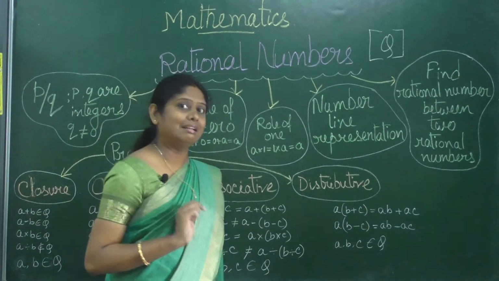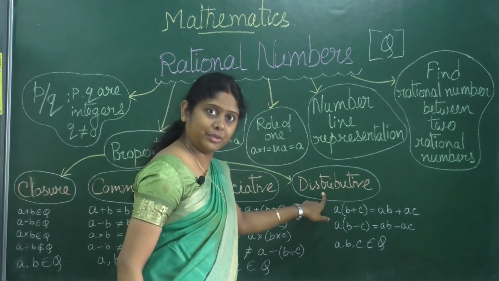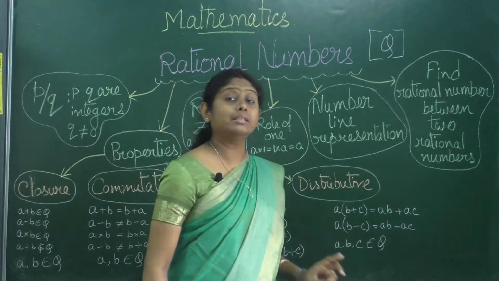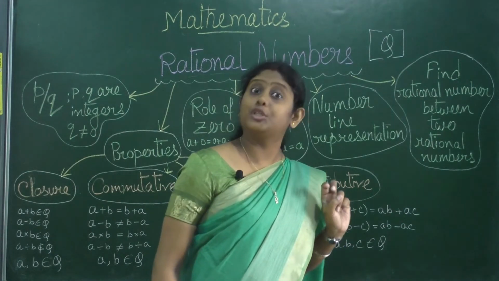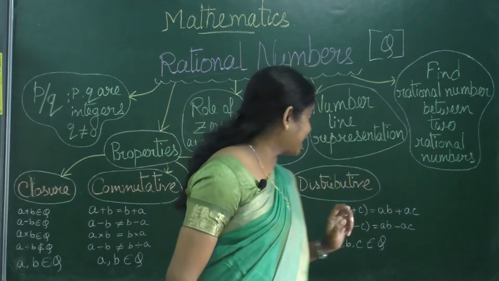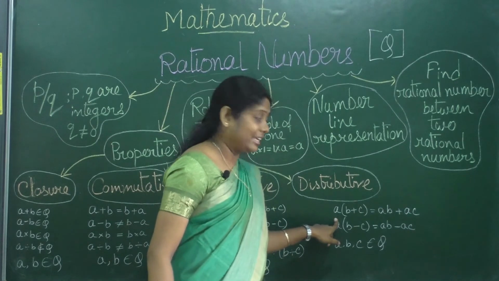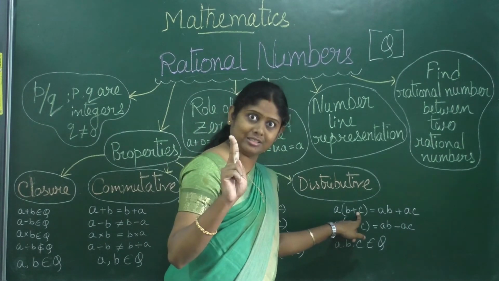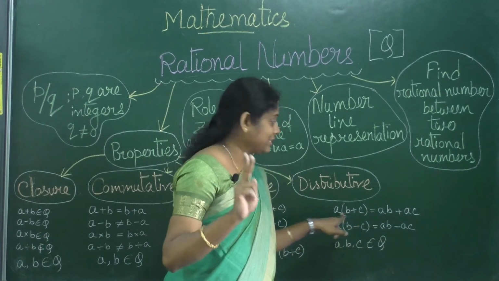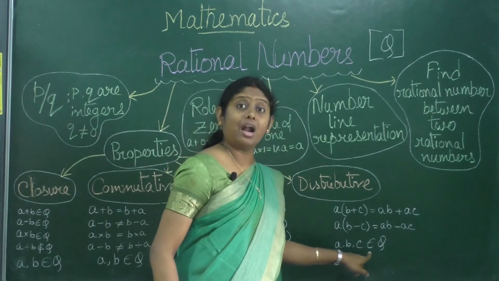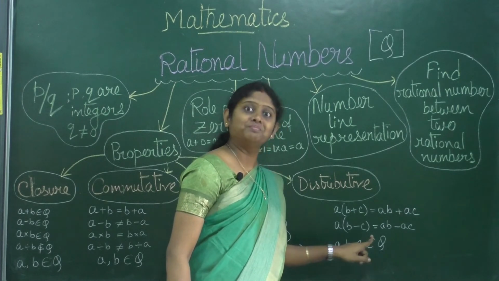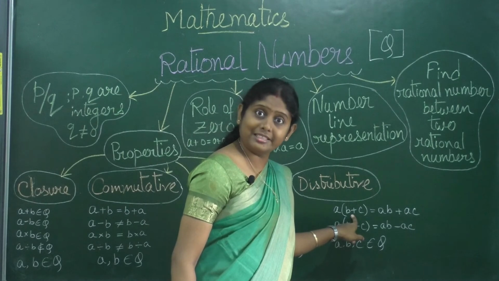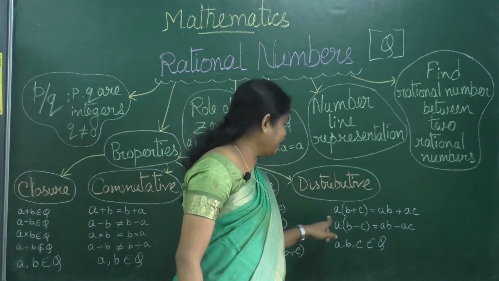Come to our last property, the distributive property. Here we will work with two operations together. Okay? So check the statement. Here we are taking multiplication and addition. The first statement is: if a, b, c belong to the rational numbers, then first we add b and c, then multiply with a.